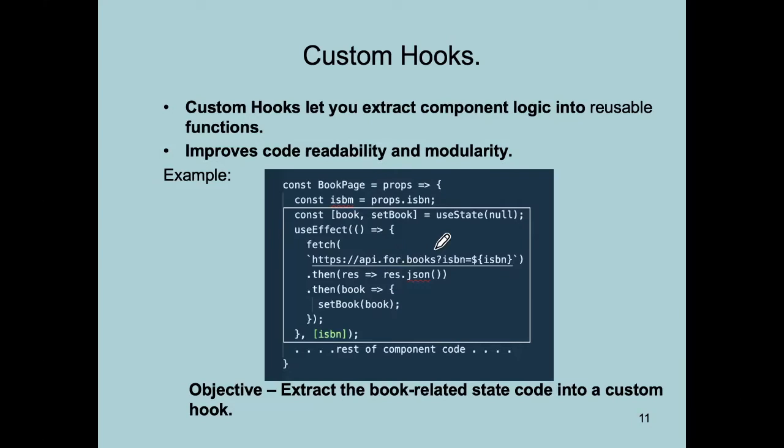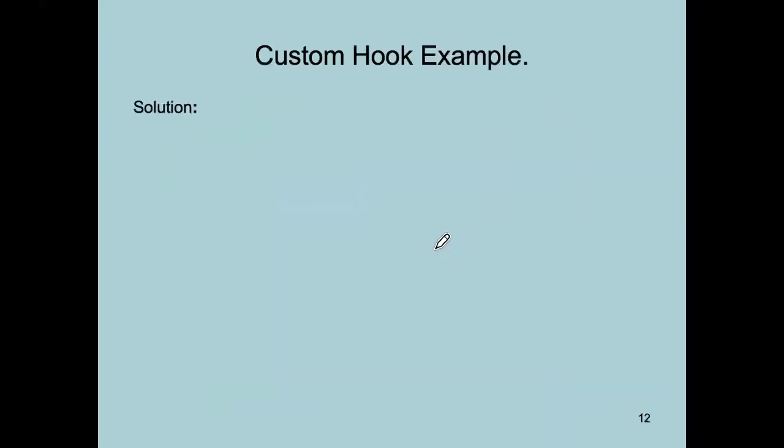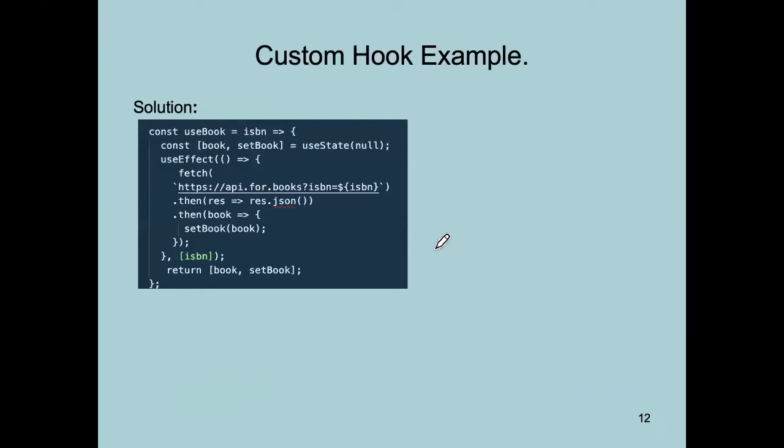And that function that we're going to create and store that code in is an example of a custom hook. And so all you do, it's very straightforward in this case, is simply lift that code and put it into its own function.